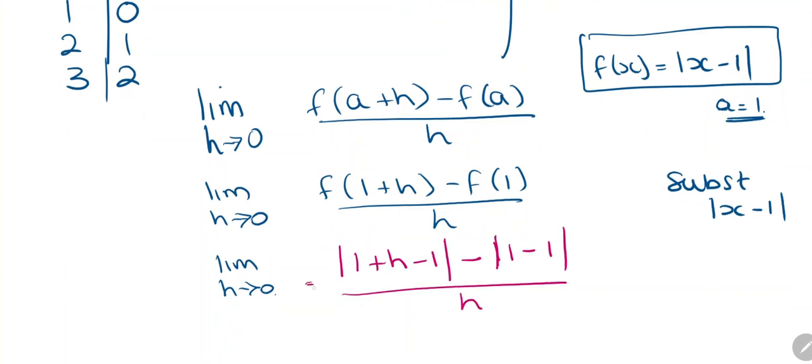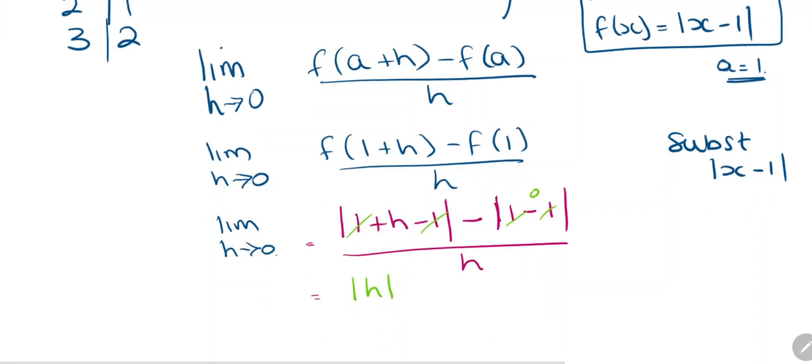So if you simplify this, the ones will cancel. So these are going to cancel here, and this is going to be 0. So this is going to leave me with the absolute value of h minus 0 over h.